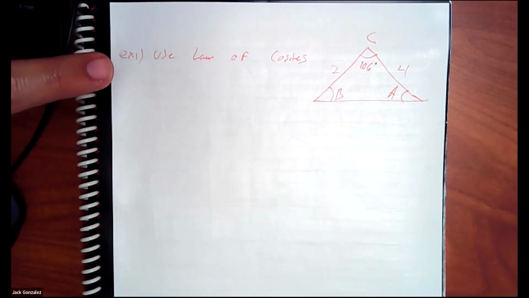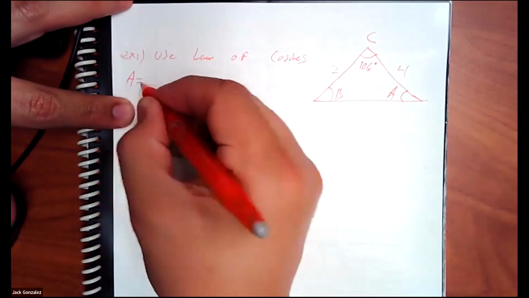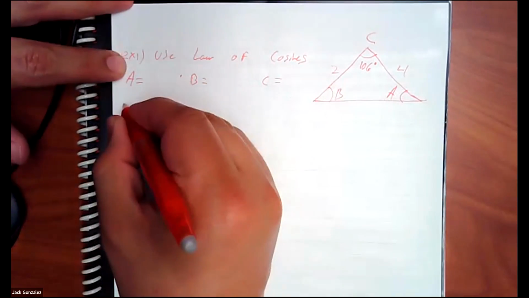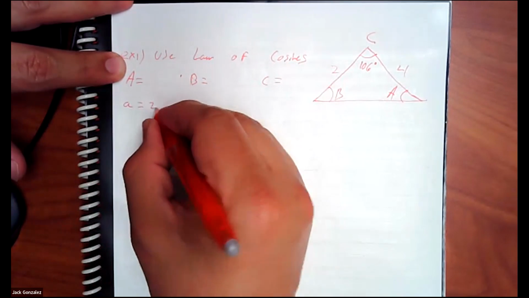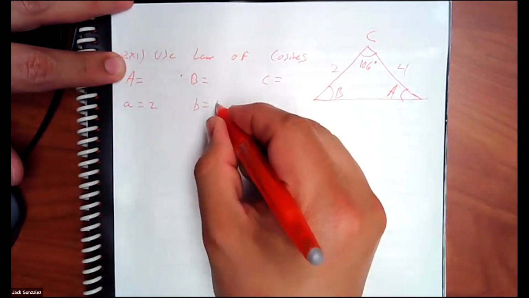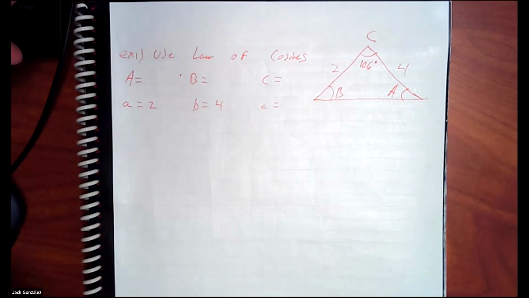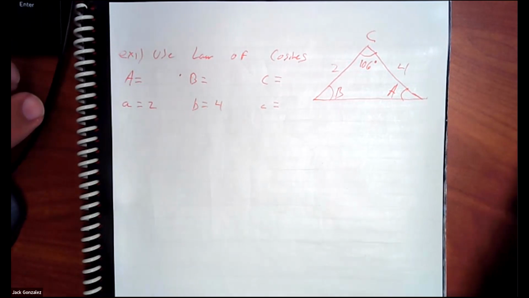Let me go ahead and write down all the information. We don't have A. We don't have B. We don't have C. Little a is 2. Little b is 4. Oh yeah, we had C.